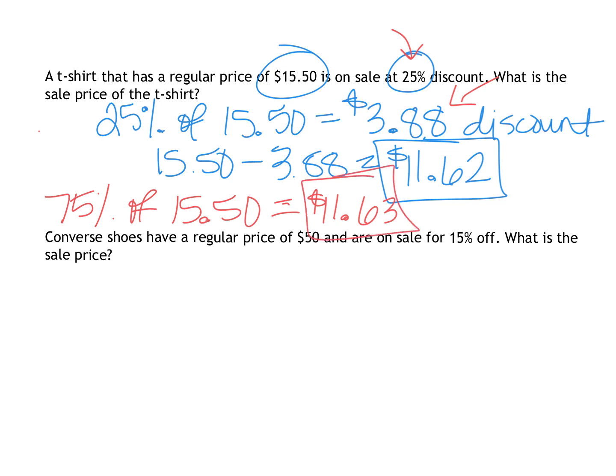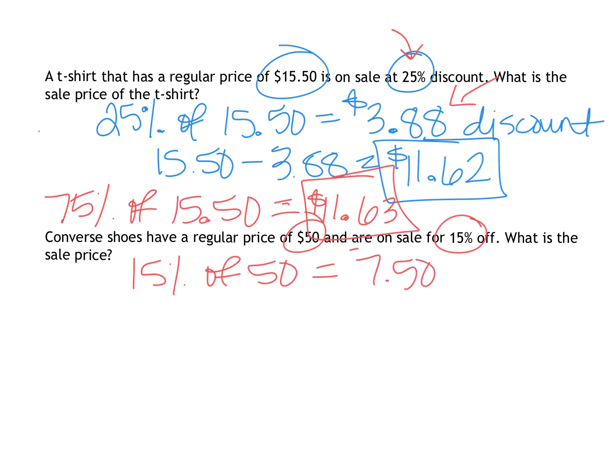Converse shoes have a regular price of $50 and are on sale for 15% off. What is the sale price? So why don't you pause and try either way and come back and check your answer. So I'm going to find 15% of 50, which is 0.15 times 50, and I get $7.50.